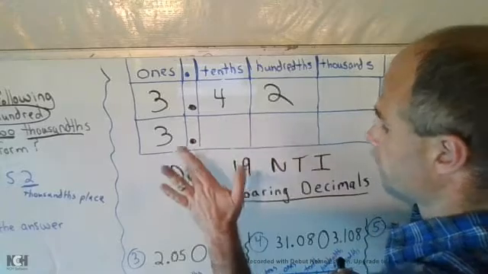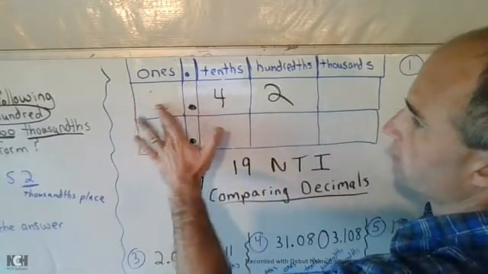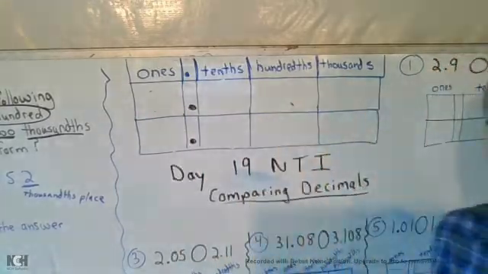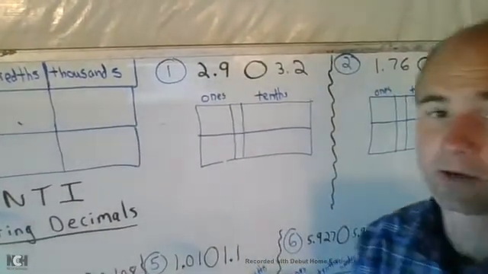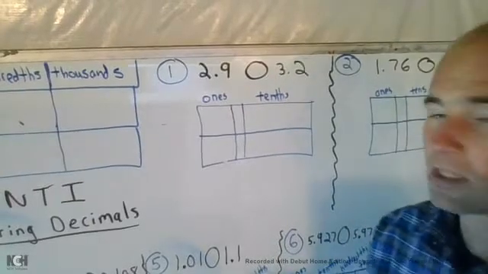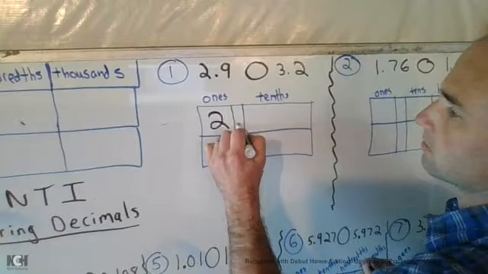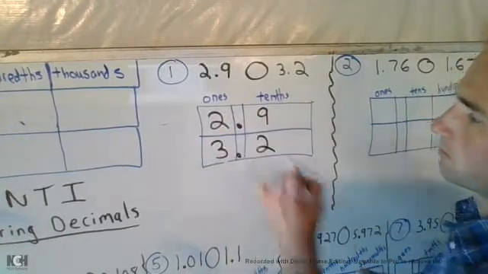Same thing for a couple other ones. I'm going to model that right now for you. So number 1 on your classwork and exit ticket. Here we go. Comparing 2 and 9/10 to 3 and 2/10.